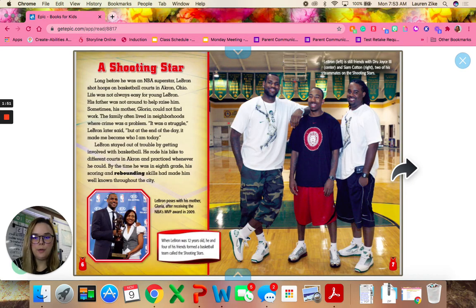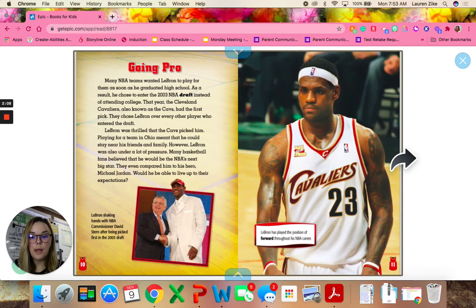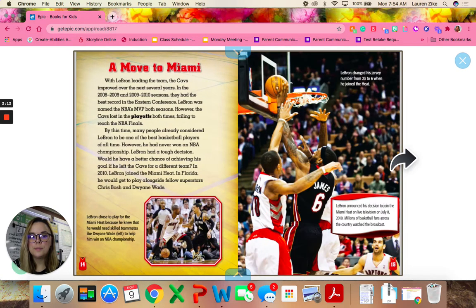And some more photos. And if you notice, they are giving facts about LeBron James's life. These are some older pictures of LeBron James from when he was younger. So we're learning about his life. So it's kind of like a biography. We see some more photos.